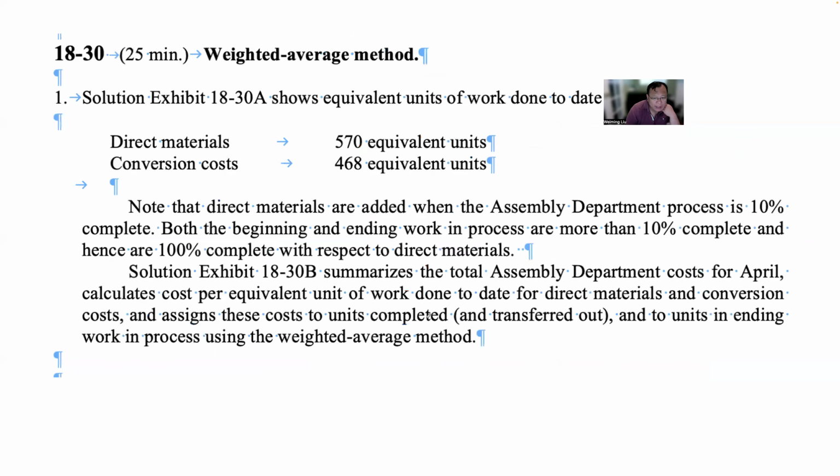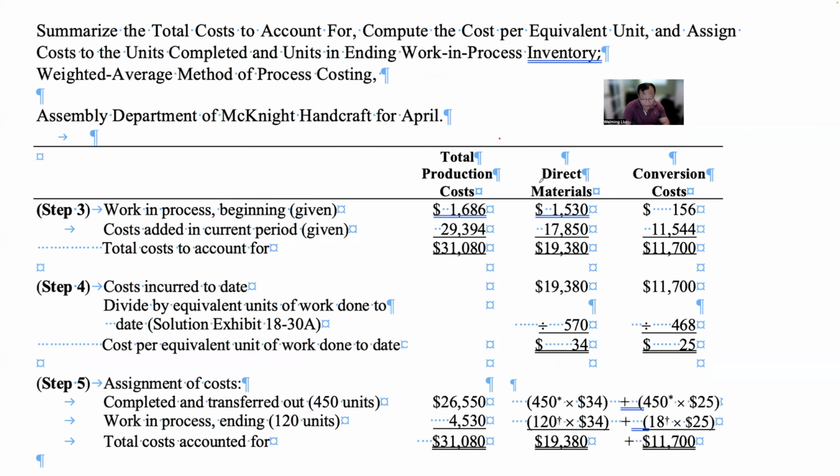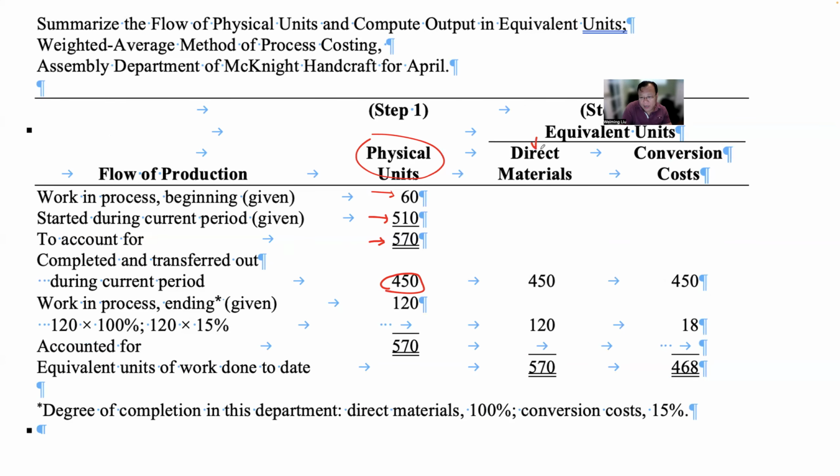So what about the equivalent units? Equivalent units has two pools. For direct materials, I'm dealing with 450, completed and transferred out. Those materials are 100% used, so my equivalent unit is 450. 450 times 100% is 450.